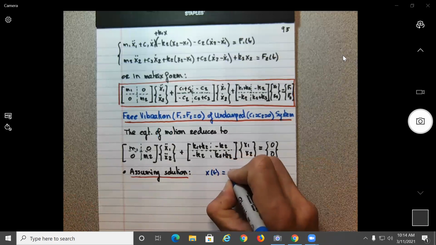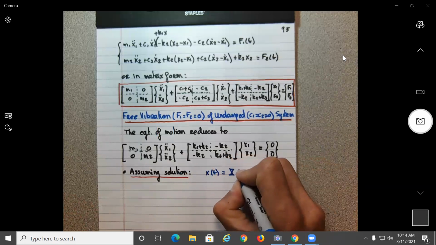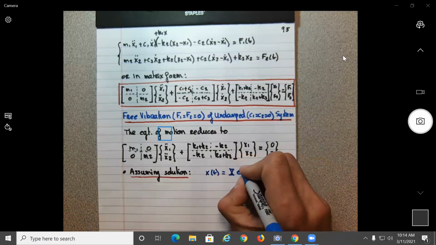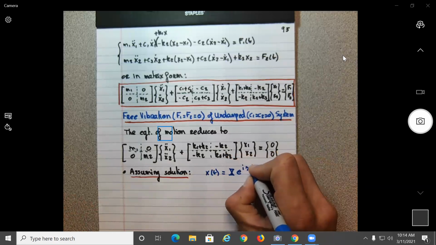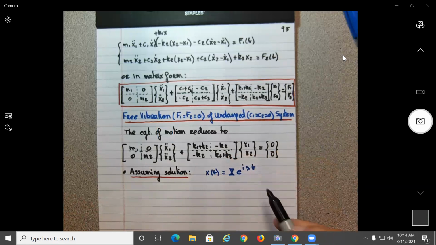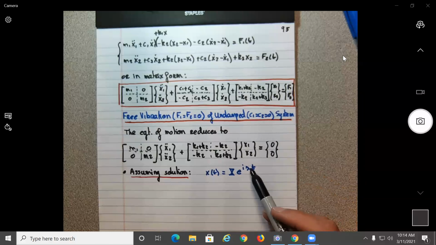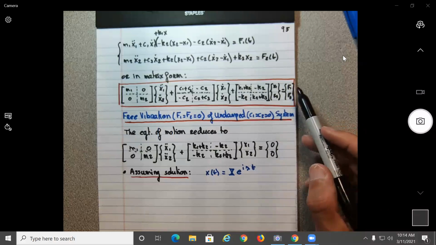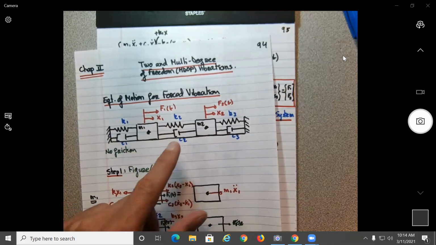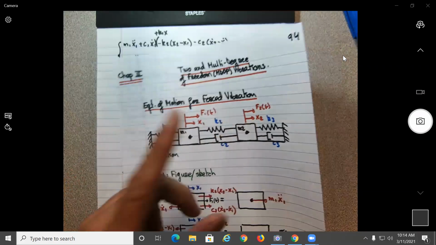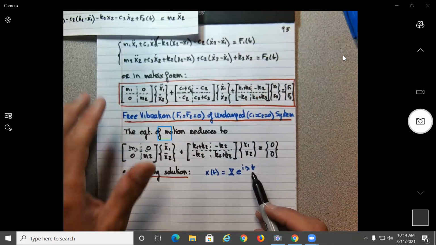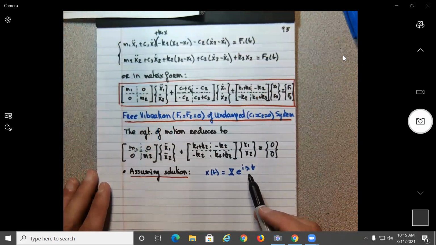X of t will be equal to capital X e to the i, before I remember either lowercase omega for the first frequency, but here it might be two different frequencies of excitation for F1 and F2, no? All right, and in this case, it's not F1 and F2 anyway, so we just call this one e to the lambda t, okay? Lambda, this is lambda, sorry.